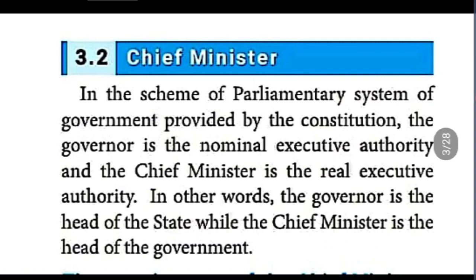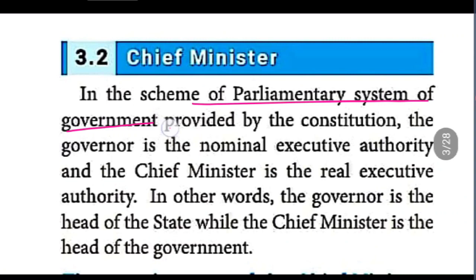Under this, what is given is about the chief minister in the scheme of the parliamentary system. What type of government are we following? The parliamentary system of government, provided by the constitution.